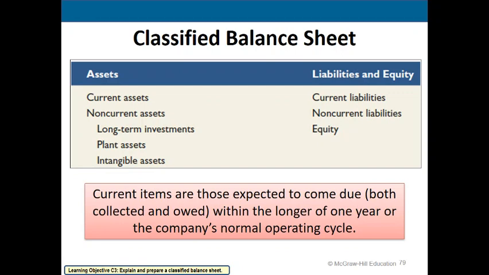And the operating cycle of a company is defined by the amount of time it takes to essentially buy inventory, produce whatever it is the company produces, and sell it and collect the money back from the customer that they sell the product to.